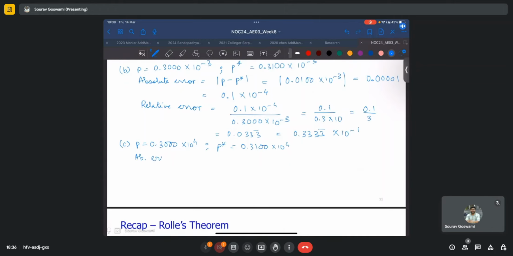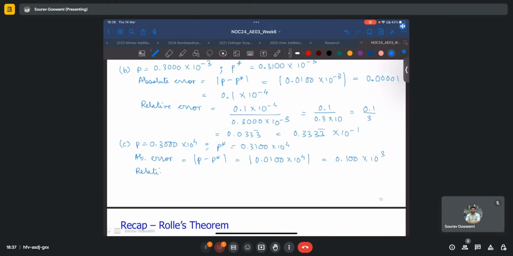The absolute error is the absolute value of p minus p star, which is equal to 0.0100 into 10 power 4, or 0.100 into 10 power 3.